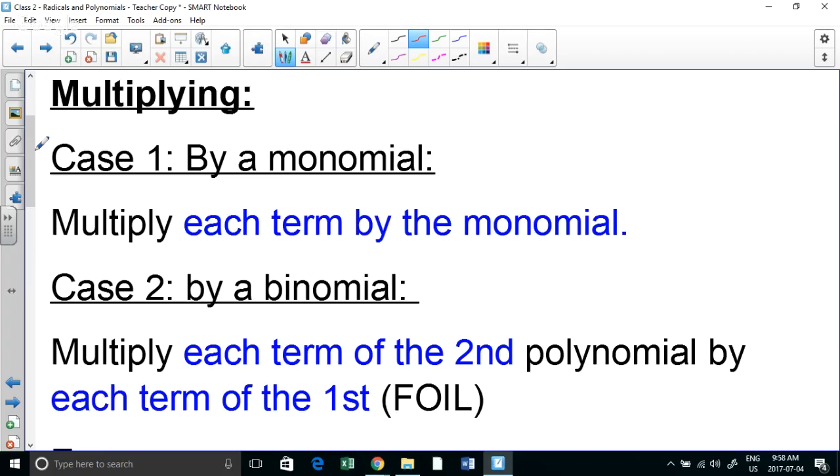If we're multiplying a polynomial by a monomial, you just multiply each term of the polynomial by the monomial. Case 2, by a binomial, you're going to multiply each term of the second polynomial by each term of the first. So we just used this thinking, the FOIL idea, when we were doing radicals. So hopefully this is even fresher in our brains than it was before.